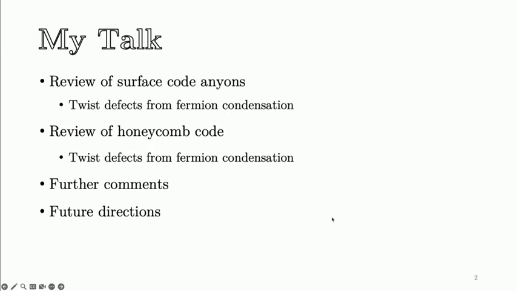I'll argue that the surface code has an emergent fermion, and by condensing that fermion along one-dimensional paths, we can build twist defects. I'll then perform the same construction in the honeycomb Floquet code to build twist defects and conclude with covering some aspects of this work that didn't make the 25-minute cut and describing future avenues for work.